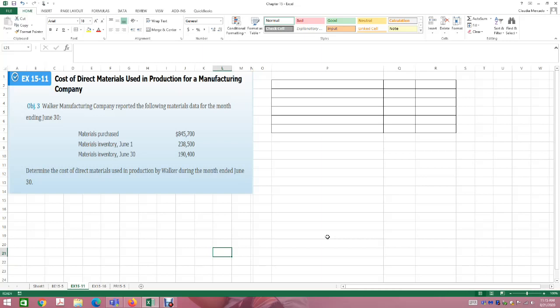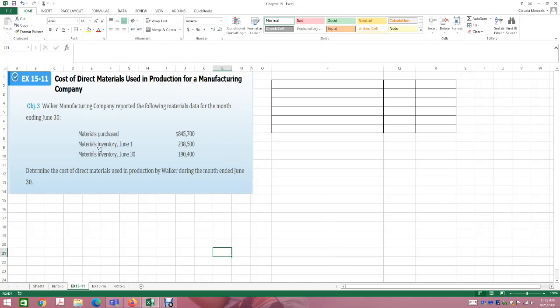They're asking us to determine the cost of direct materials used in production by Walker during the month ended June the 30th. This is very similar to what we did in the last problem. In this particular problem, they're talking specifically about materials. So what are we going to start off with? This is a company that has been in business.